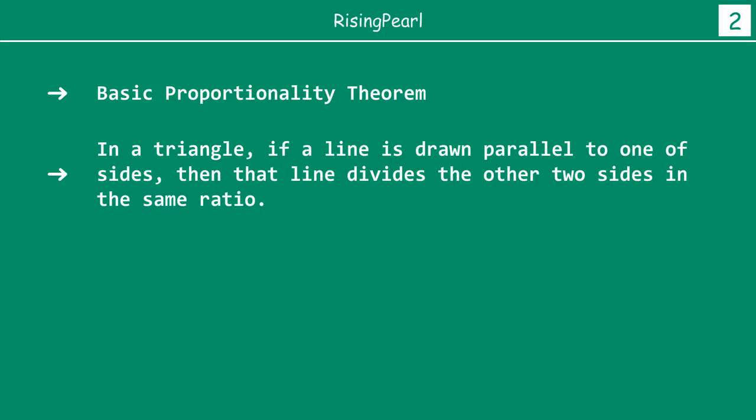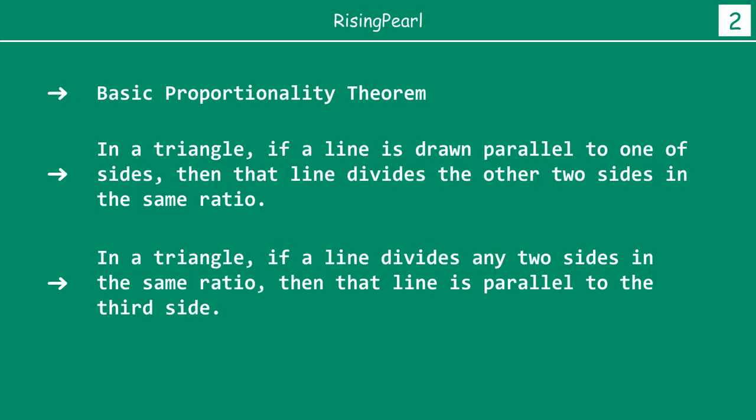We looked into this in great detail in webisode number 6. And then finally, the last of the three: in a triangle, if a line divides any two sides in the same ratio, then that line is parallel to the third side. As you can see, this and this are basically converse of one another.